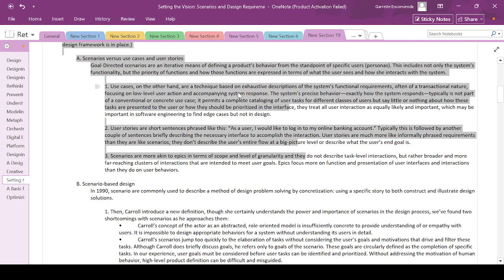are a technique based on exhaustive descriptions of the system's functional requirements, often of a transactional nature, focusing on low-level user action and accompanying system response.